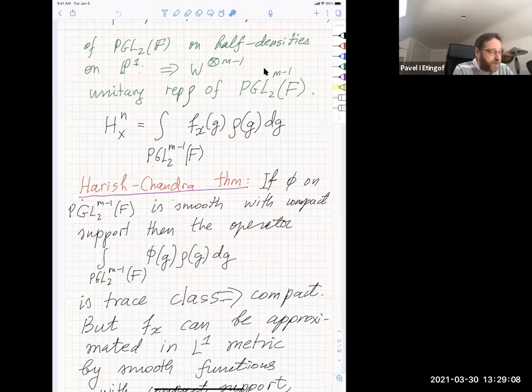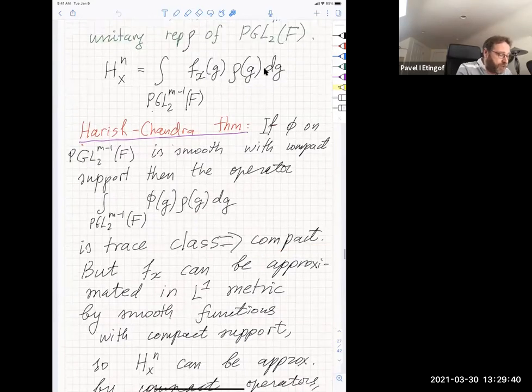So the theorem says that if you take an irreducible unitary representation, then such a thing exists. And in fact, in the case of the representation on half densities, you can compute this completely explicitly, and it's very easy to see that this operator is trace class. In fact, it's given by a continuous and even smooth kernel, so it's a completely trivial fact. And so in particular, this operator is compact.